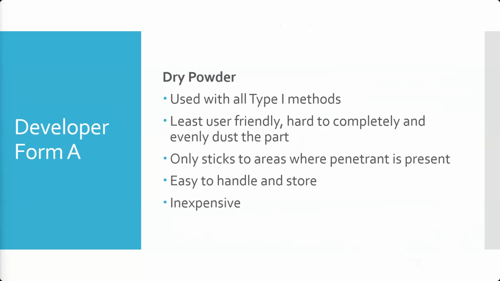And as that dust falls or rubs against the surface of the part that you apply it to, it leaves behind that developer coating. Okay? And the developer coating only sticks to those areas where the dye is present. So this does not leave that white background like some of the other forms do. Okay, this one pretty much, the part color is the part color. It doesn't really leave a white contrast background.